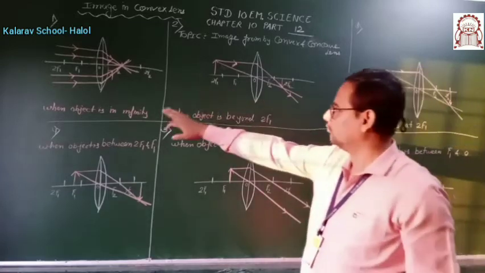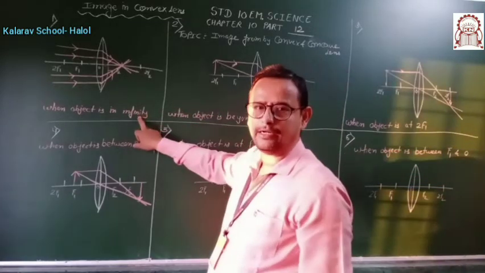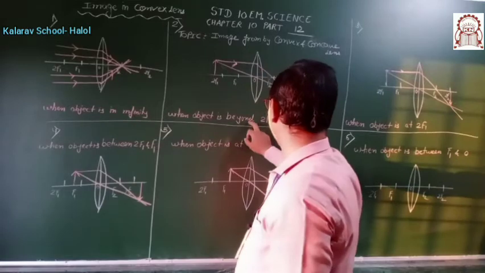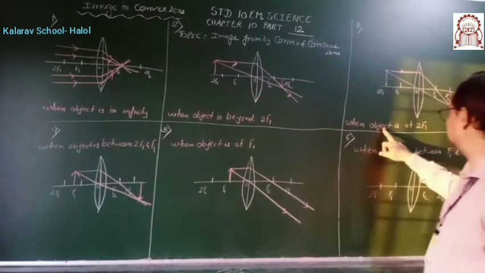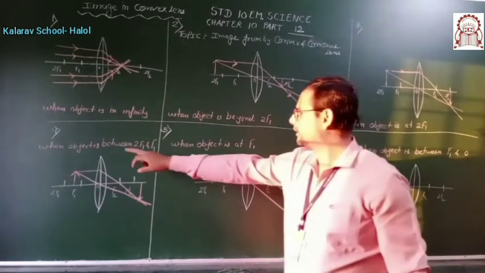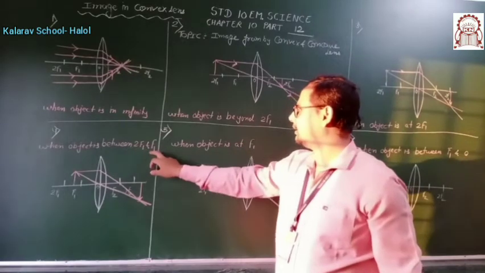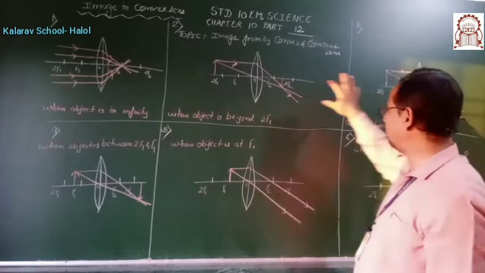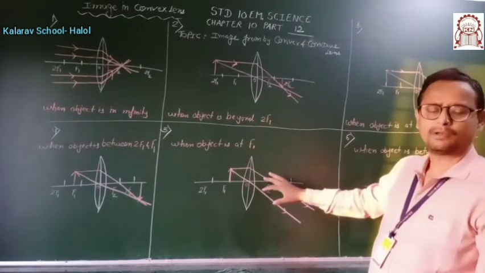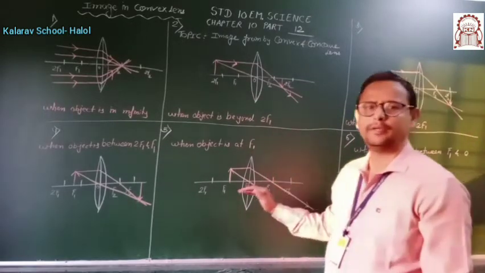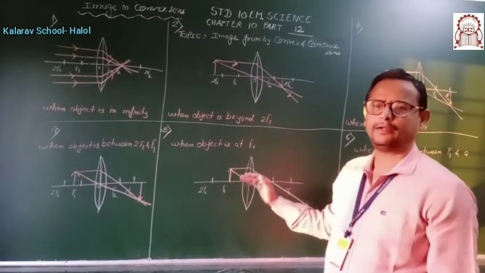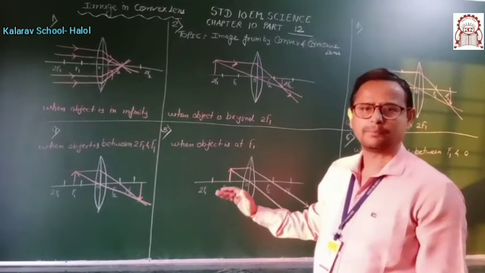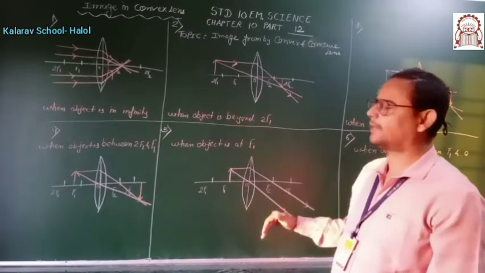So when the object is at infinity, beyond 2f, at 2f1, between 2f1 and f1, and when the object is at f1, in all five conditions the image will be real and inverted, वास्तविक होगा और object से उल्टा दिखाई देगा.